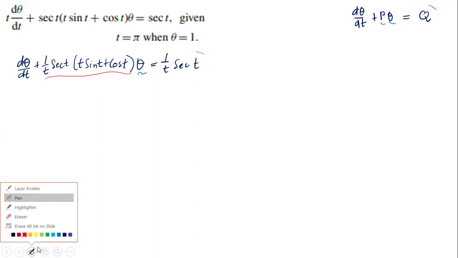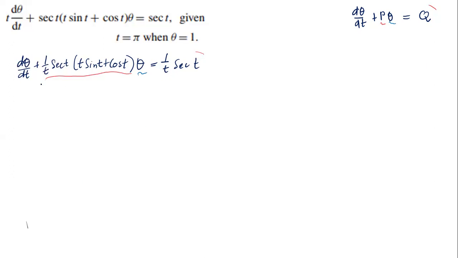So in this case, so far we are happy. But you know what I want to do? This is not tidy. Let's tidy this up. Let's distribute this inside of the bracket. We'll leave theta over there. We have d theta over dt plus 1 over t multiplied by t will cancel.